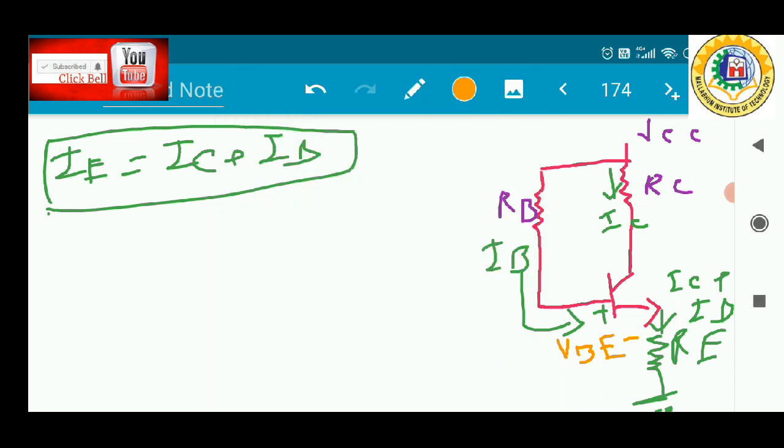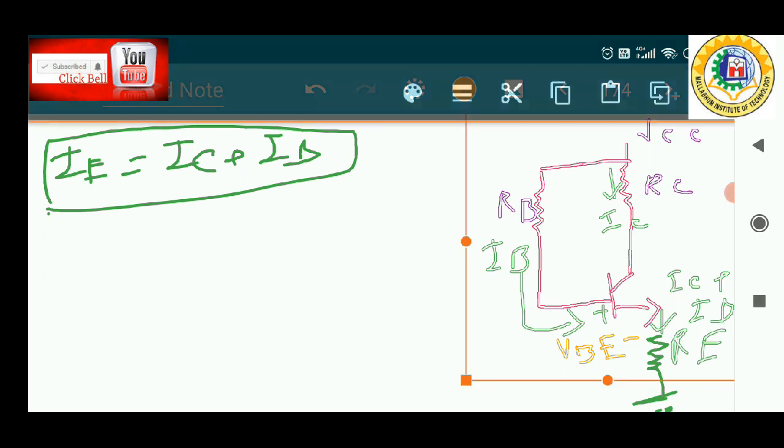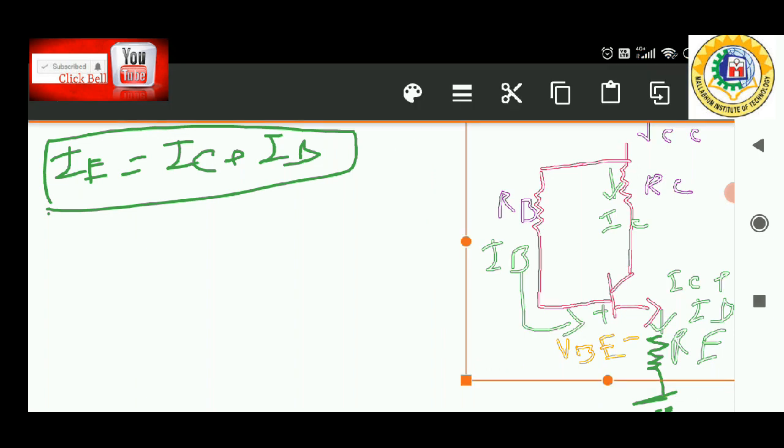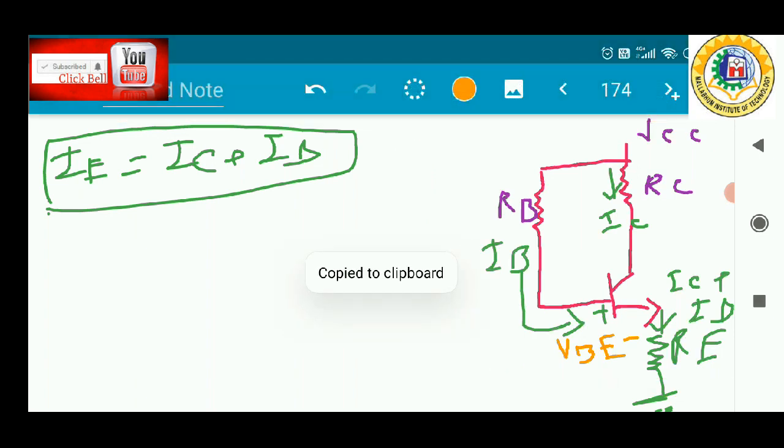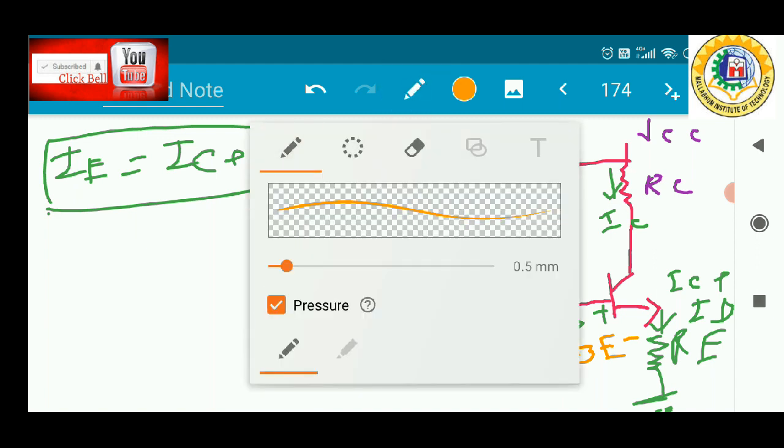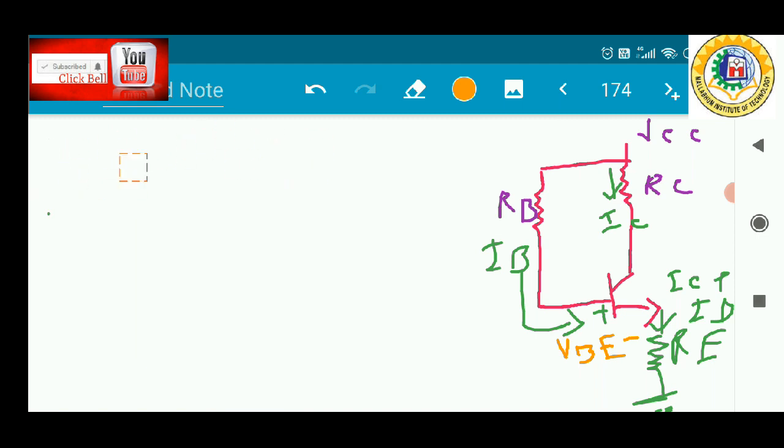So I am first copying the circuit. I am again writing the equation for the input side.